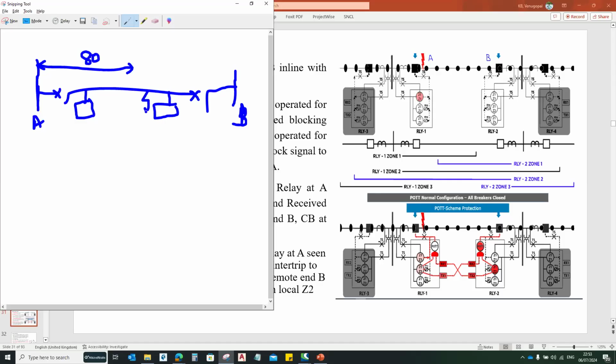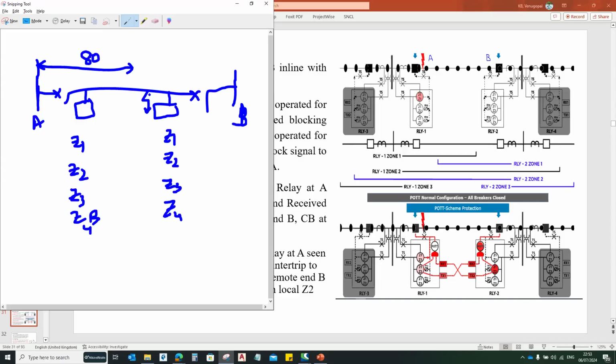Again, the fault is at the same location. Here Z1, Z2, Z3, and Z4 reverse zone. Here also the same thing: Z1, Z2, Z3, and Z4.